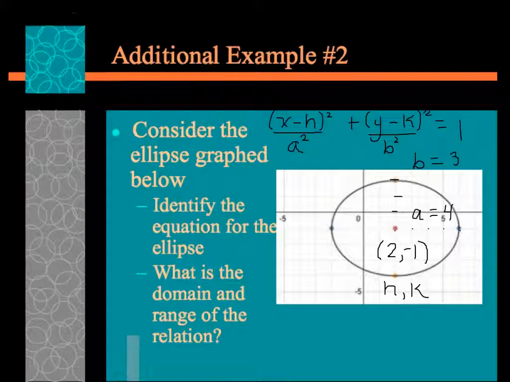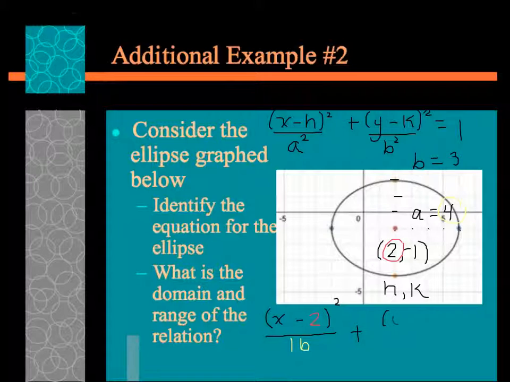So h we've determined is 2. So we're going to get x minus that 2 quantity squared over a squared. Well, we've determined that a is 4, so a squared is 16.